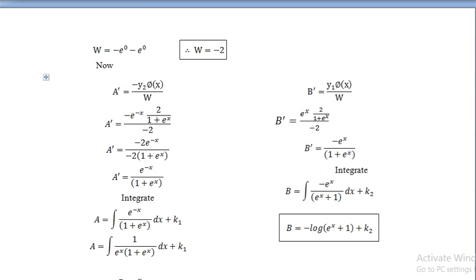The integration of this one is log of e to the power x plus 1, because if you differentiate this function log of e raised to x plus 1, you get 1 divided by e to the power x plus 1, and the differentiation of e raised to x is e raised to x, so again you get the same term here.